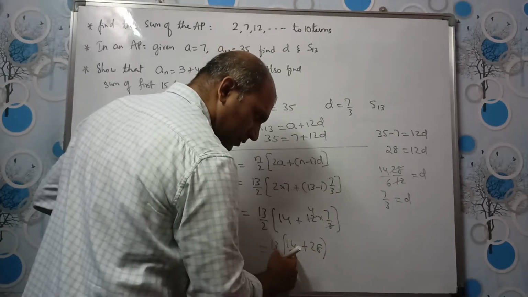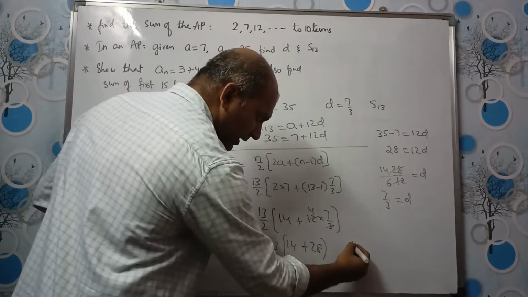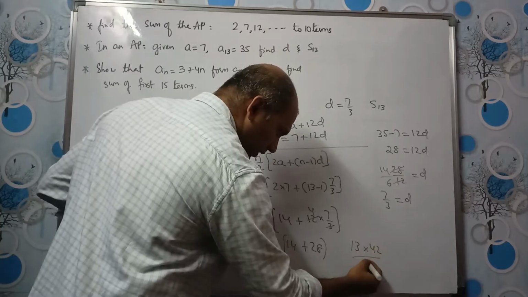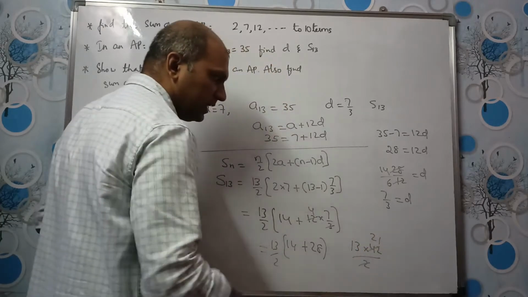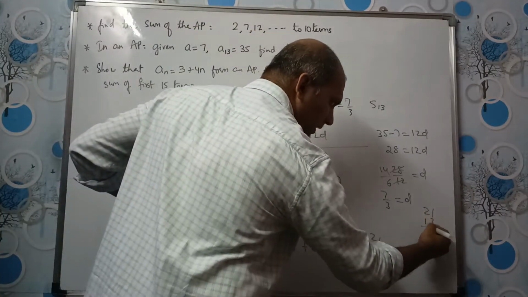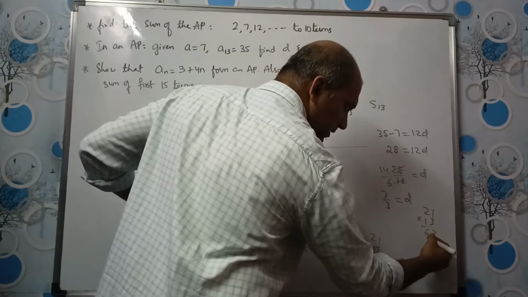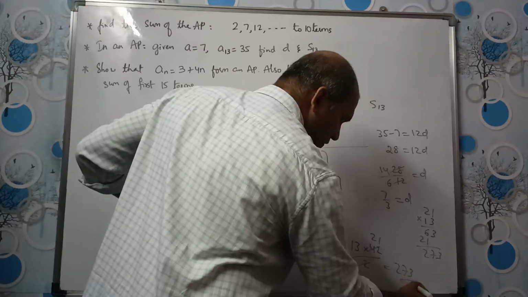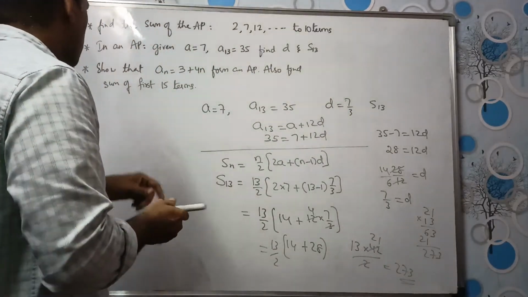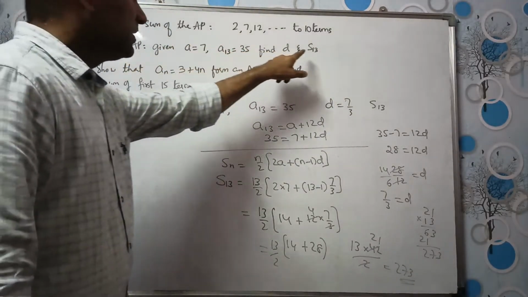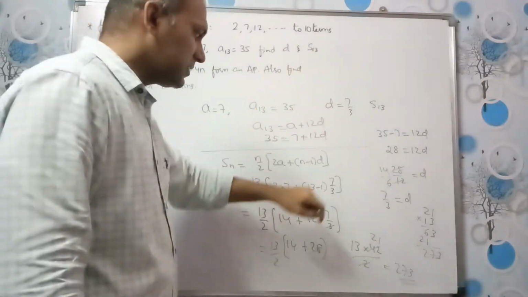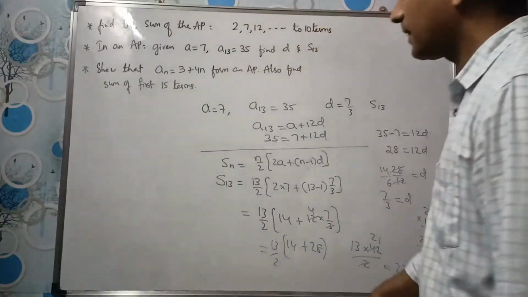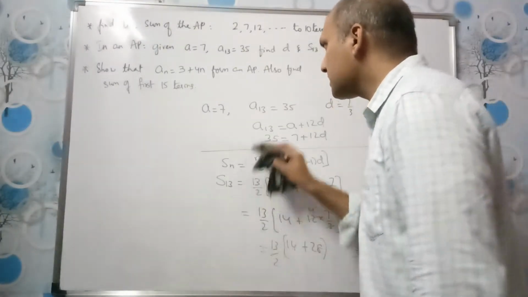So this is 13 into 42 divided by 2, which is 21. So 21 multiplied by 13 is 273. So the sum of 13 terms is 273. Okay, let us do the last bit now.